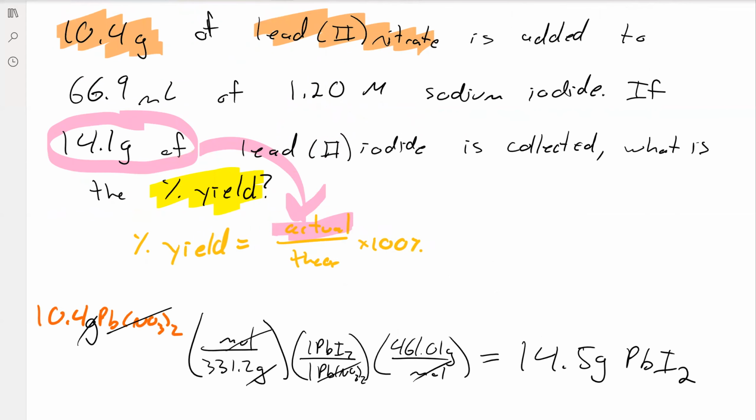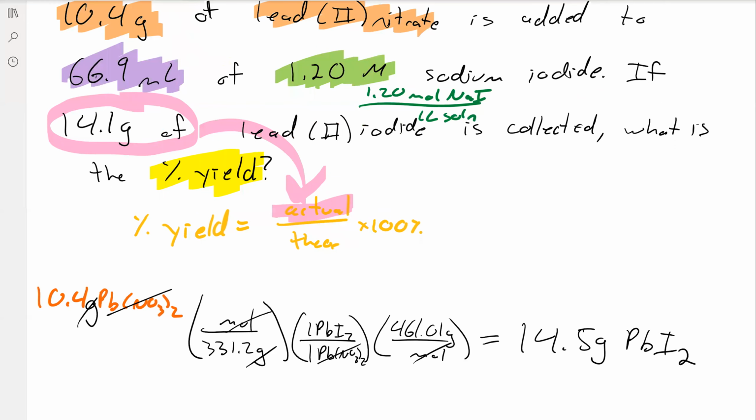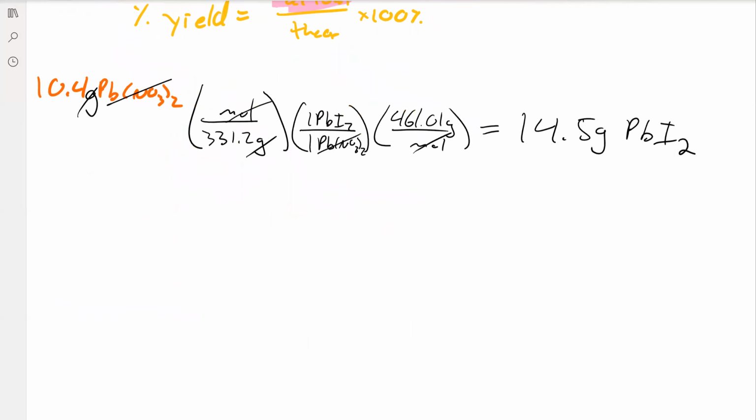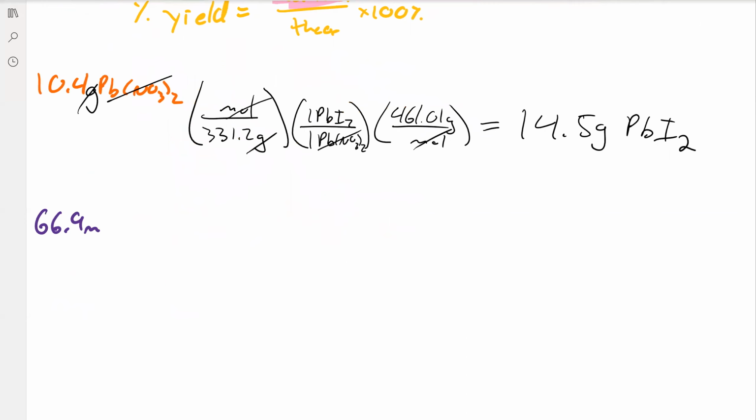If I think about what information I have about my other component, I have that it's 66.9 milliliters, and I also have that it's a 1.2 molar solution of sodium iodide. Again, the 1.2 molar means 1.20 moles of sodium iodide per 1 liter of solution. So I'll start off with the thing that's not a conversion, my 66.9 milliliters of my solution.